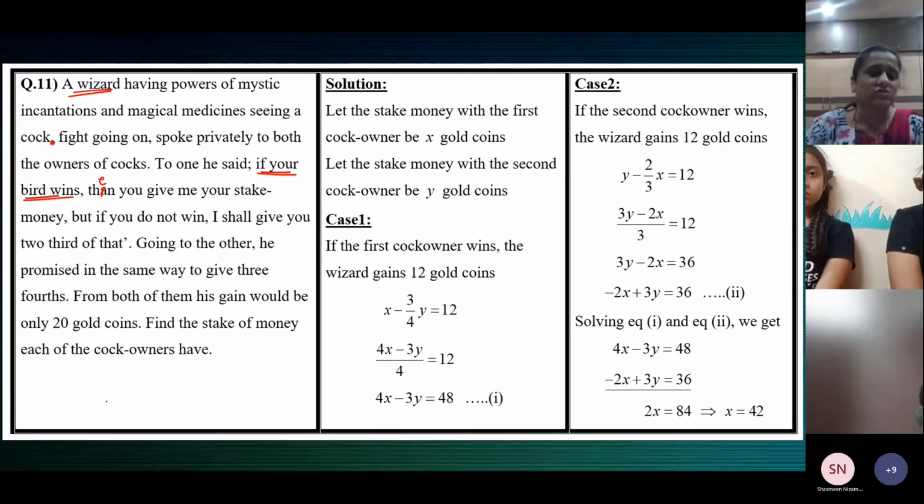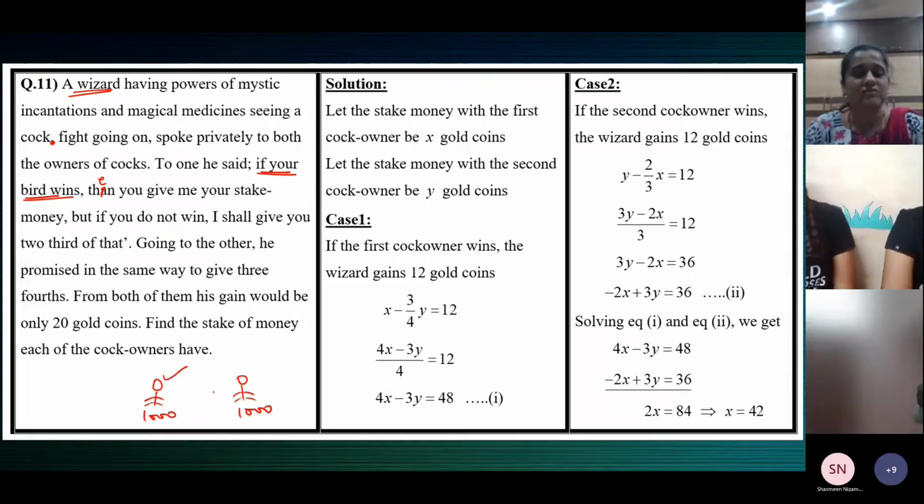So in a fight like this, whichever cock loses, that owner has to pay. So they actually bet some amount. That's what is called the stake money. Supposing this is one person, this is the other person, and they bet say 1,000 rupees.